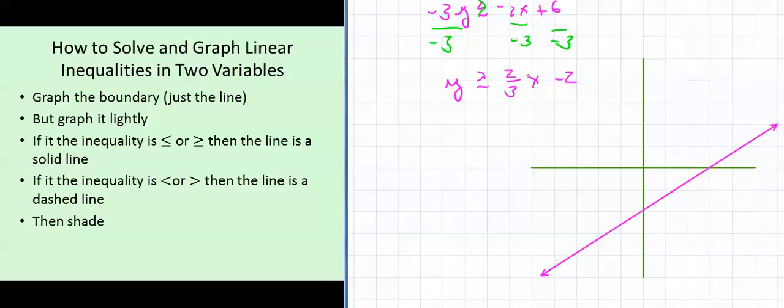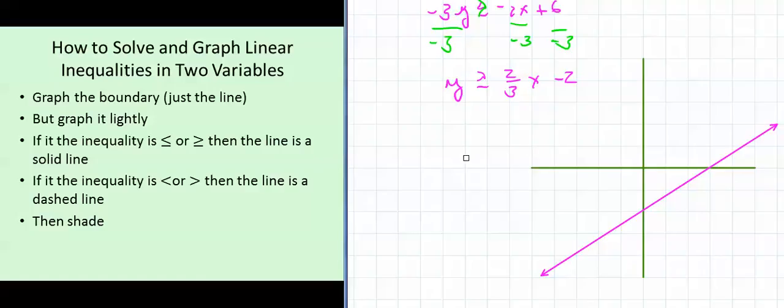Now, it's greater than or equal, so it's a solid line. If it wasn't greater than or equal, then I would start erasing and making it dashed. That's why I said do it lightly. But since it is greater than or equal, we just leave the line alone.